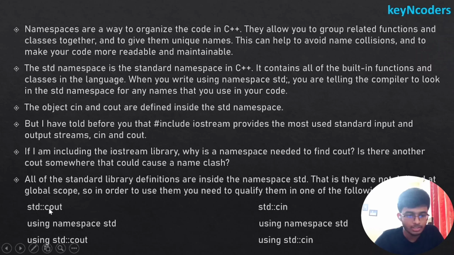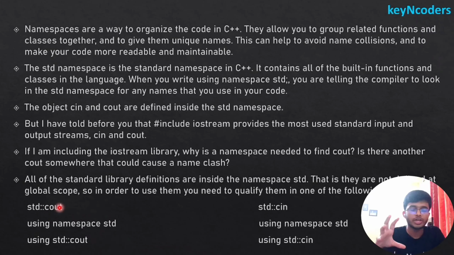As you can see, these are the ways you can take input or output things. This is to output something using namespace std, or you can use std with these four dots, which are called the scope resolution operator.